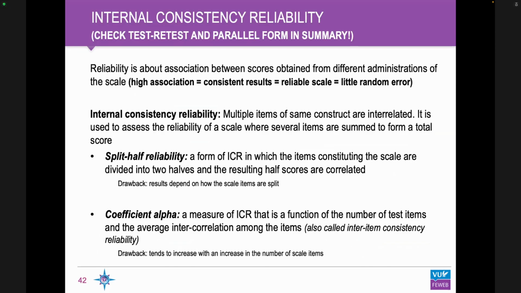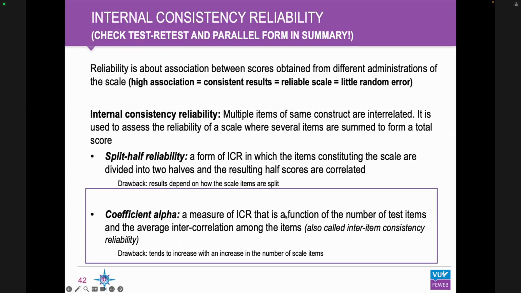So if you have 4 items, you split them 2-2, and then you look at the reliability within. This is not very common. So we will mainly use in this course coefficient alpha, or Cronbach's alpha, as it's called. This is a measure of internal consistency reliability, and it's a function of the number of test items and the average intercorrelation among the items.